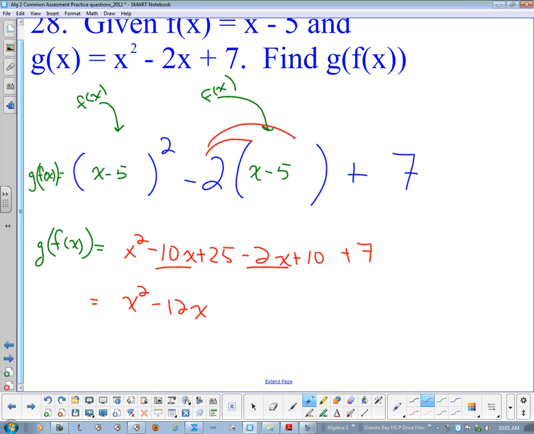And then 25 and 10 is 35, and 7 is going to be 42. Does that make sense, guys? You just found the composition. Students, I've seen a common mistake of putting g into f. You have to make sure that the inside f will go into g in this problem.